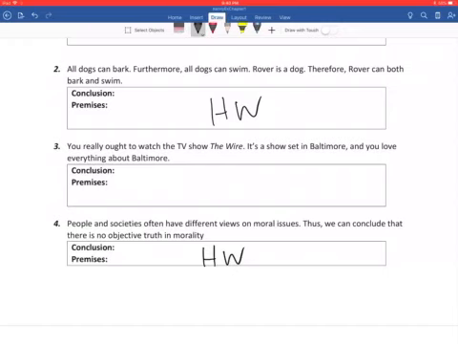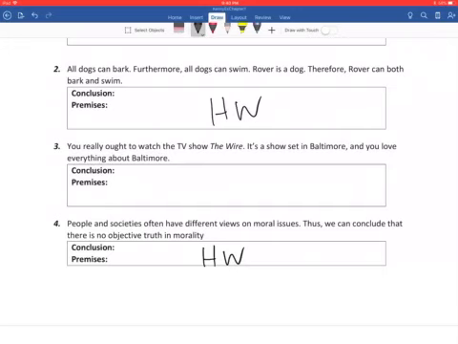Okay, so look at number 3. You really ought to watch the TV show The Wire. It's a show set in Baltimore, and you love everything about Baltimore. So the question is, what is the conclusion and which are the premises, right? Well, again, the conclusion is what you're trying to be persuaded of.